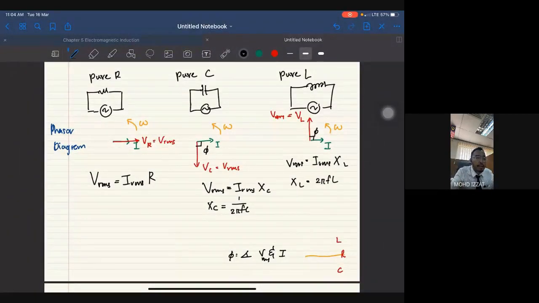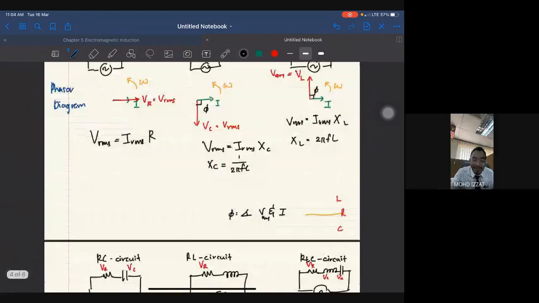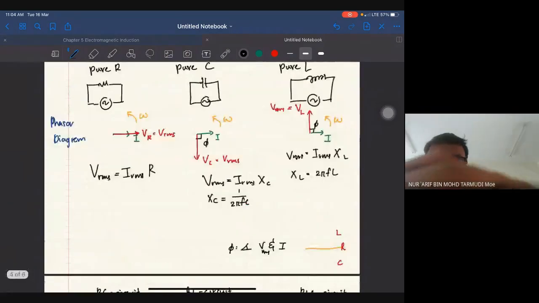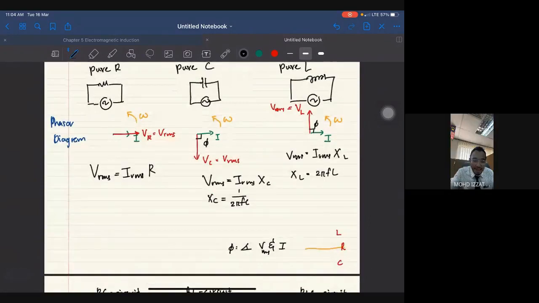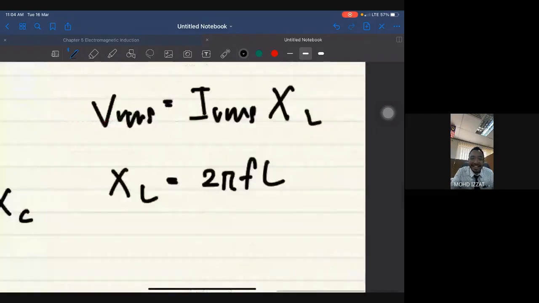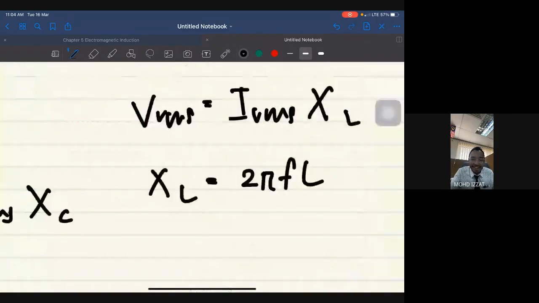Okay, so far ada soalan ke tidak? Tak ada. L tu apa? Apa? L tu apa L? Yang 2 pi FL. L, L. 2 pi FL.